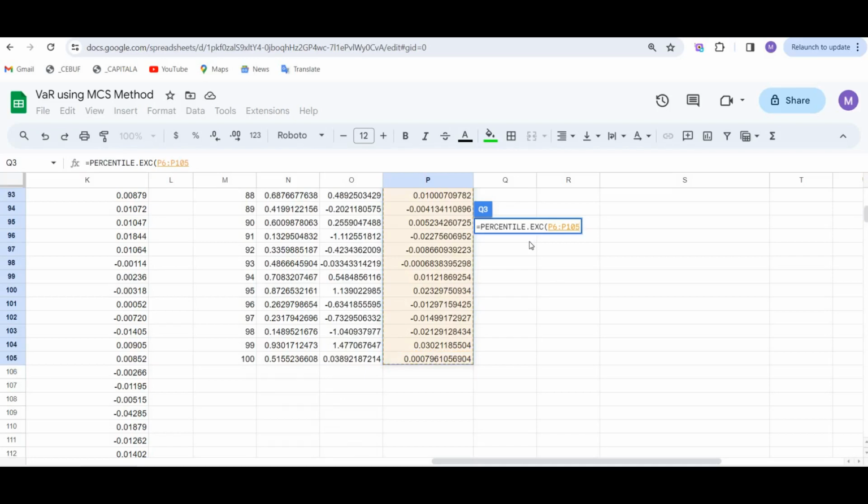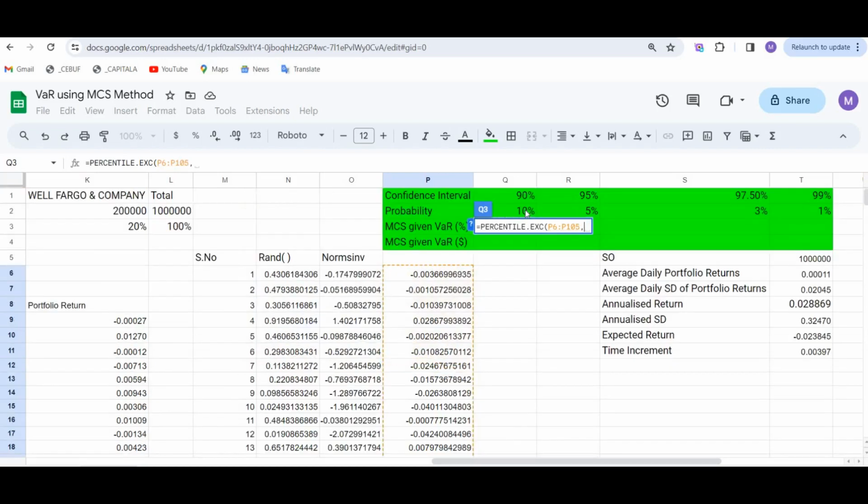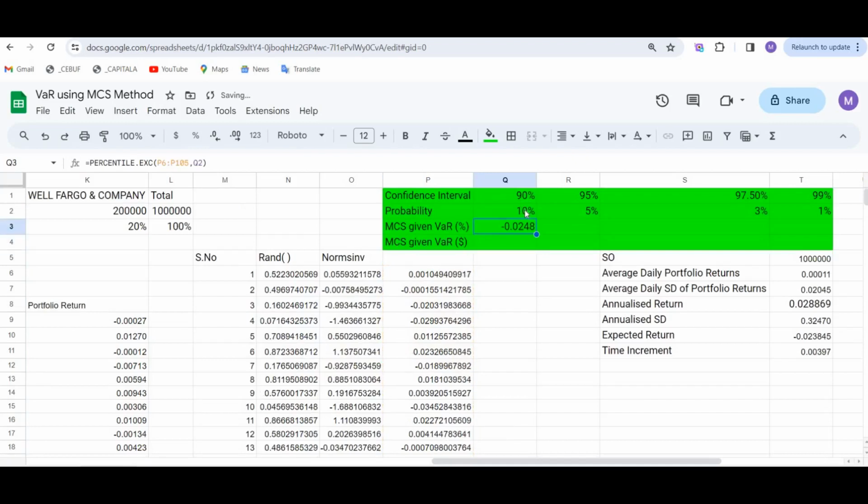Then next we'll write the probability amount, close the bracket, and then enter.